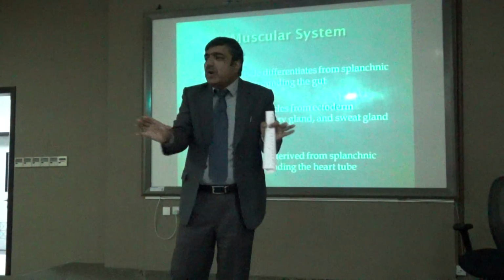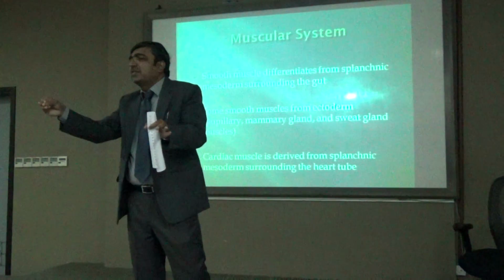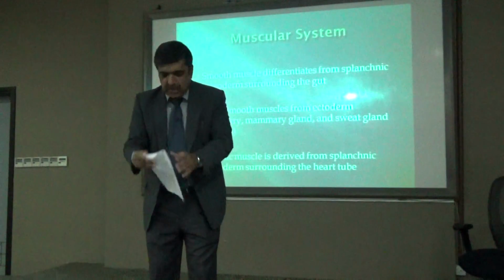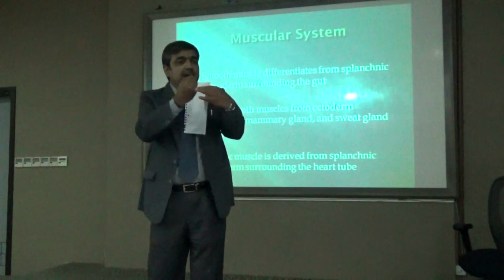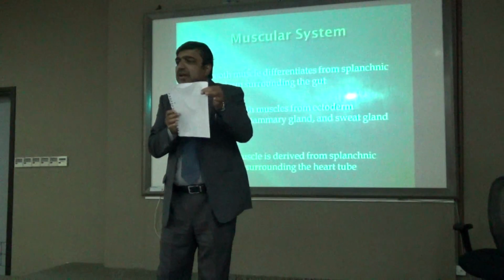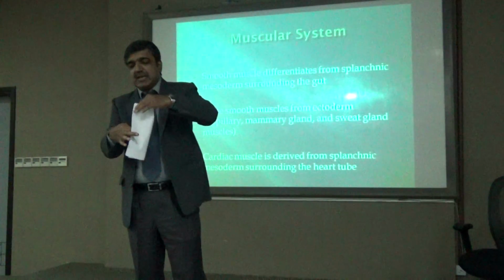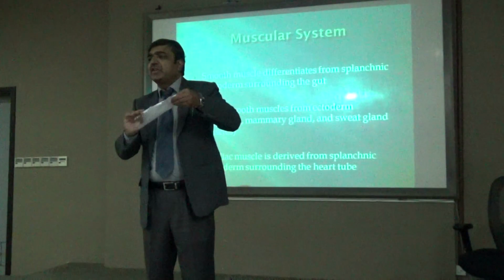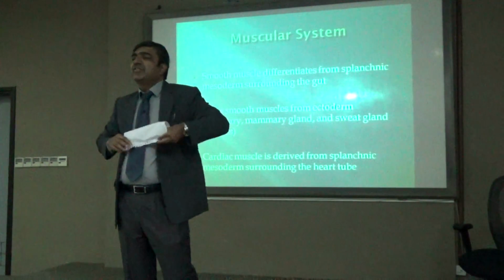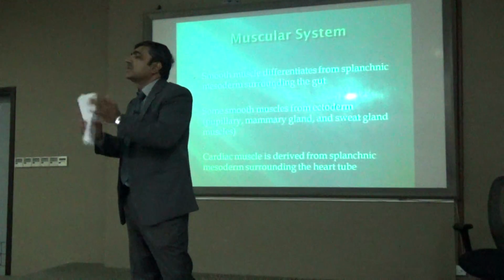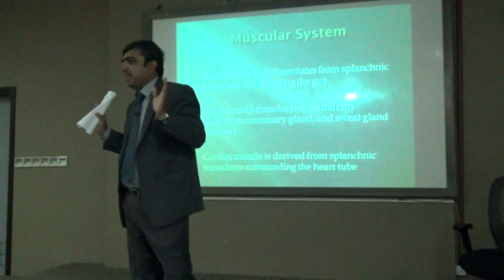But as far as the development of smooth muscles, just remember the endoderm is the inner lining of the GI tract, and all the connective tissues surrounding this GI tract contribute in the formation of the smooth muscles of the GI tract.